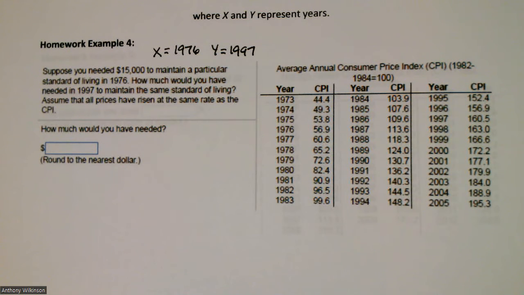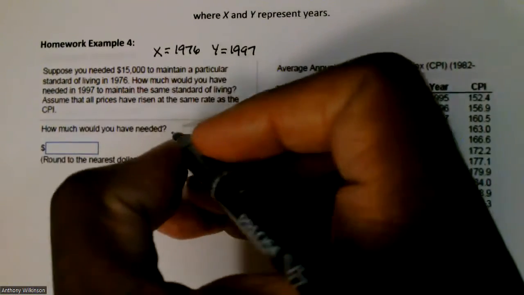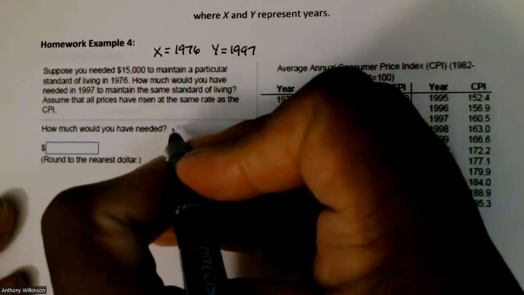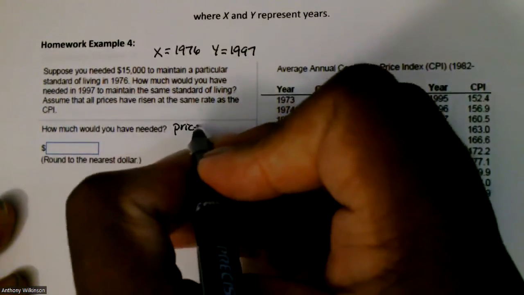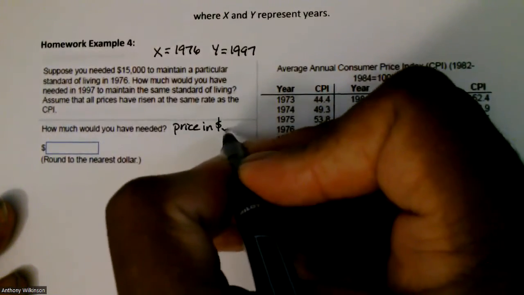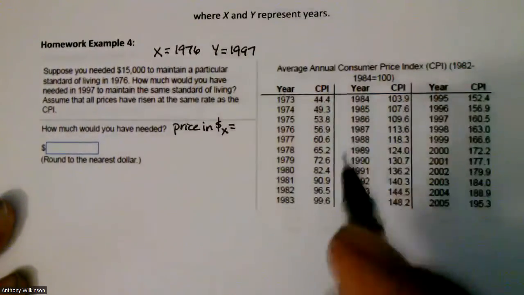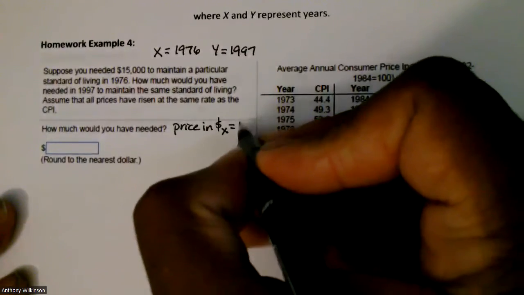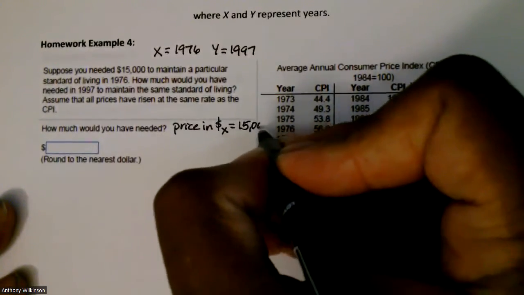And also, we need to find out something else. We needed $15,000 to maintain a particular standard of living in 1976. That would be our price in dollars for X, which is 1976. And that was $15,000.